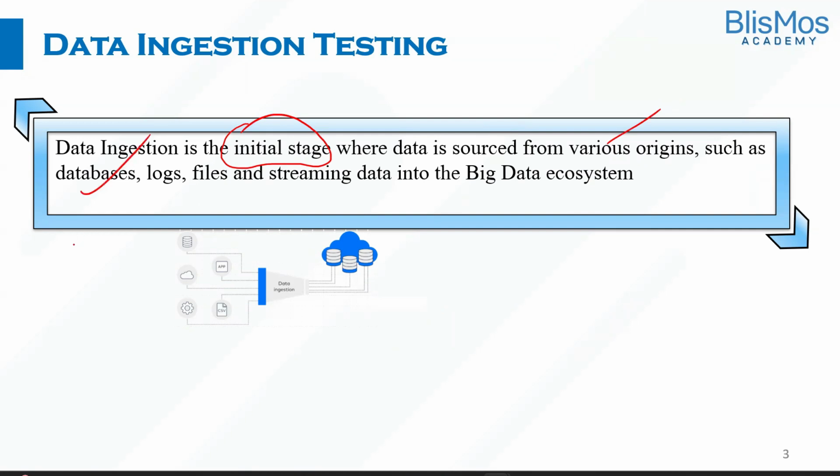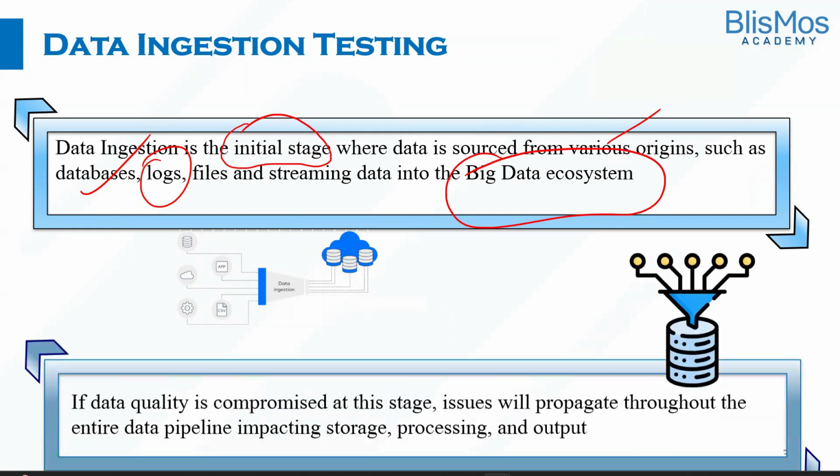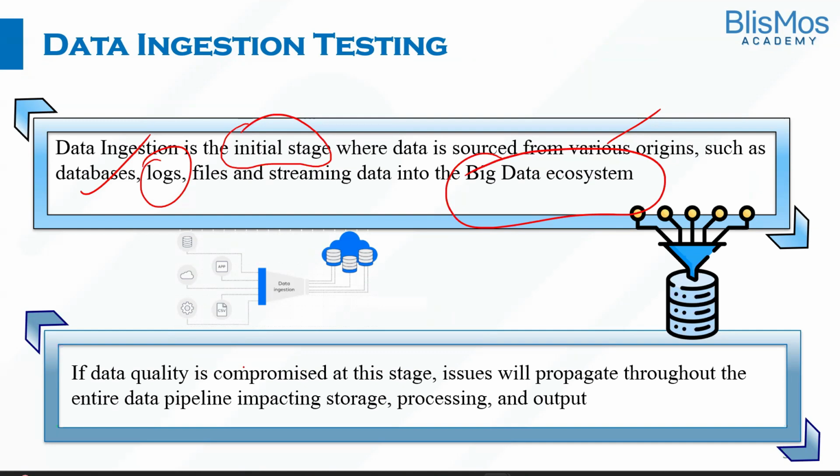The sources can be databases, log files, any applications, or any streaming data into the big data ecosystem like HDFS or MongoDB or a data lake. If data quality is compromised at the ingestion stage itself, the issues will propagate throughout the entire data pipeline. The pipeline includes storage, processing, output. So we have to be really careful while ingesting the data into the big data ecosystem.